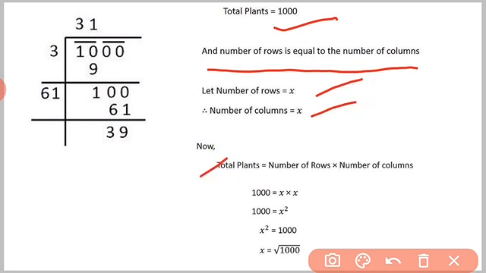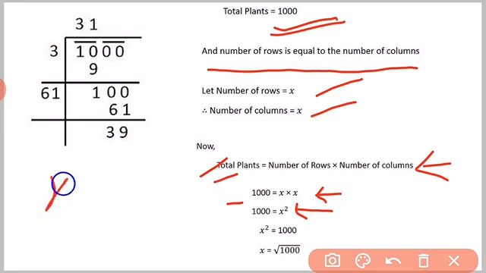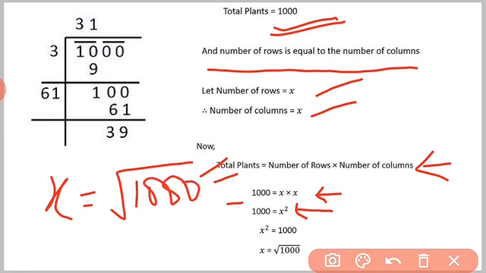So total number of plants can be found by multiplying number of rows and number of columns. So x multiply x, it is x squared. But it is given that total plants are 1,000. So 1,000 is equal to x squared. So to find the value of x, we need to find the square root of 1,000.